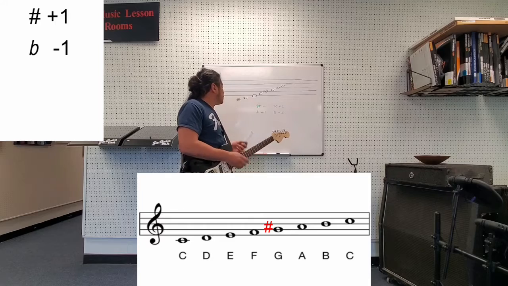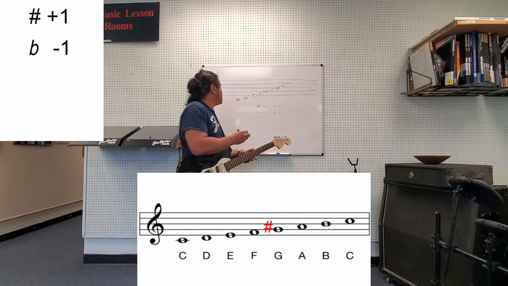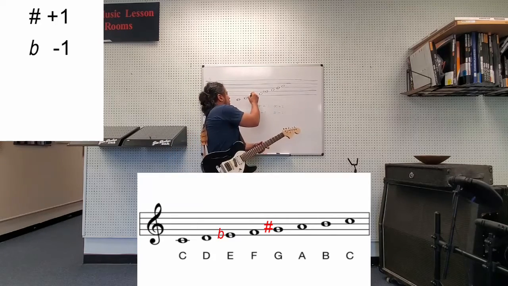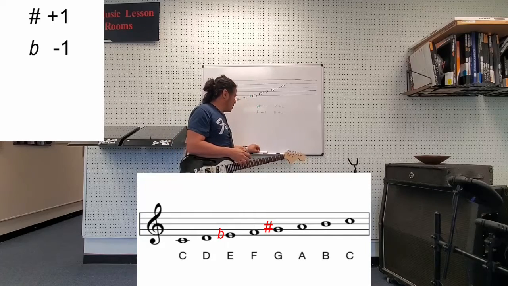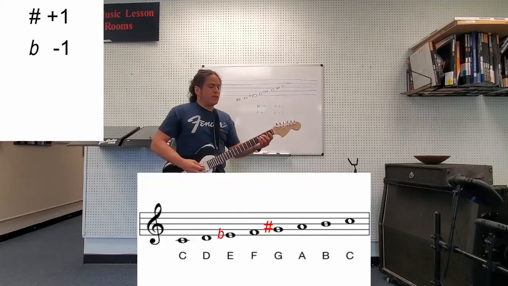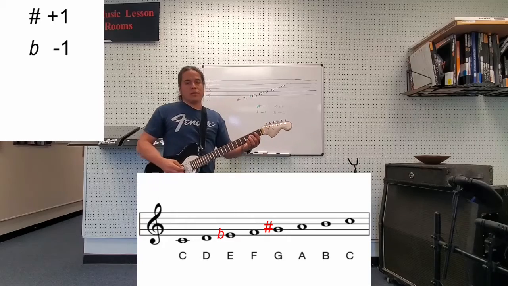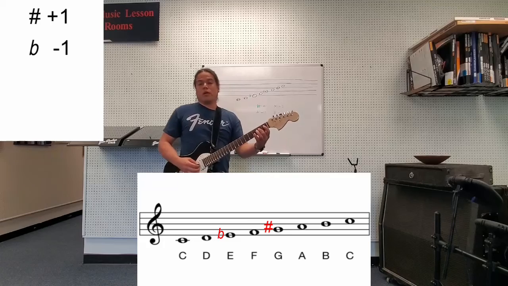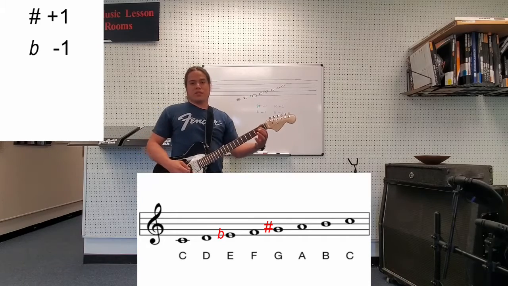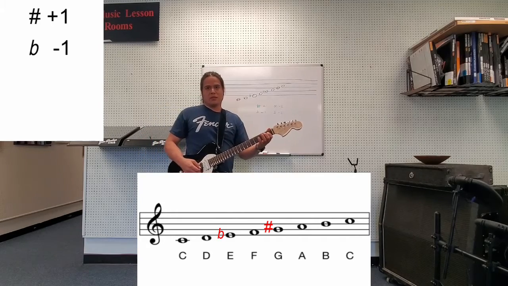If I lower a note, so I take this note and make it a flat, so that E that was on the second fret of the fourth string. But now it has a flat, so 2 - 1 is 1. So now I play that note.